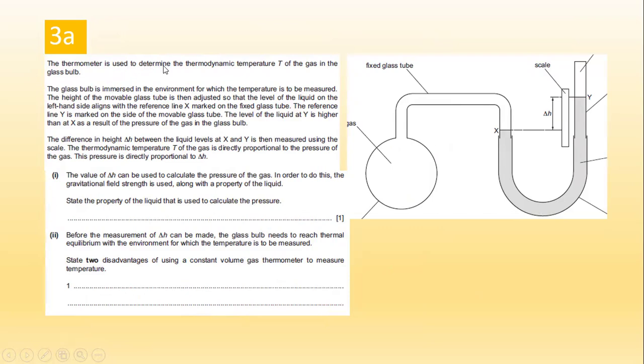The thermometer is used to determine the thermodynamic temperature T of the gas in the glass bulb. The glass bulb is immersed in an environment in which the temperature could be measured. The height of the movable glass tube is then adjusted so that the level of the liquid on the left-hand side aligns with the reference line X marked on the big glass tube.